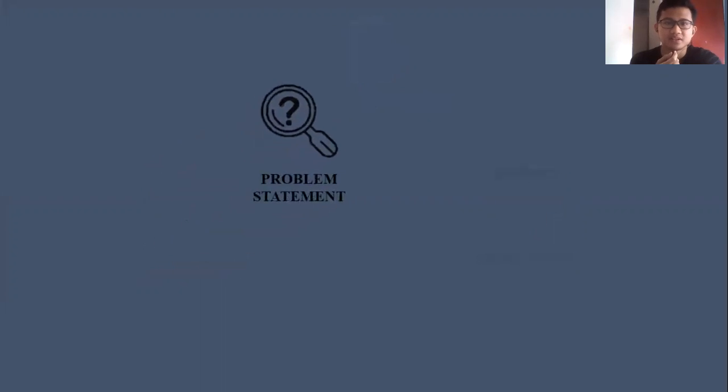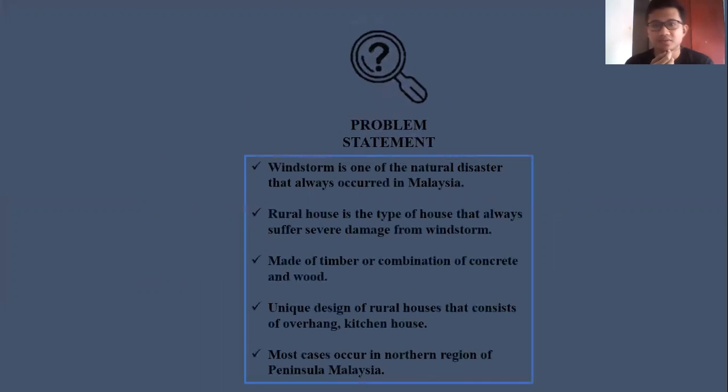problem statement. Windstorm is one of the natural disasters that always occur in Malaysia. Rural houses are the type of house that always suffers severe damage from windstorms, because they are made of timber or a combination of concrete and wood.